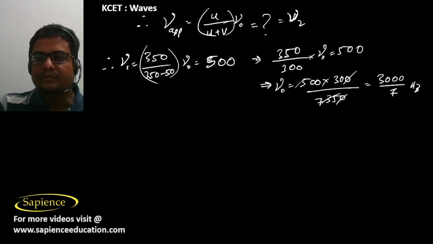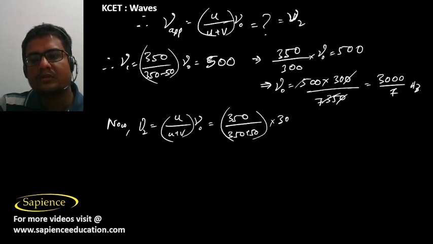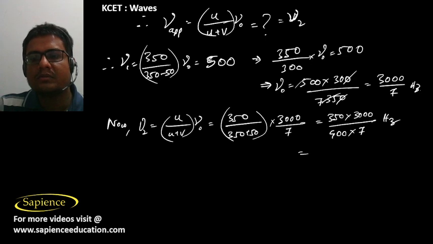Now we have to find nu 2, which is u by u plus v into nu naught. So u is 350 by 350 plus 50 into nu naught, which is 3000 by 7. This will be 350 into 3000 divided by 400 into 7 hertz. 7 5s are 35, then 5 8s are 40, so 3000 divided by 8.